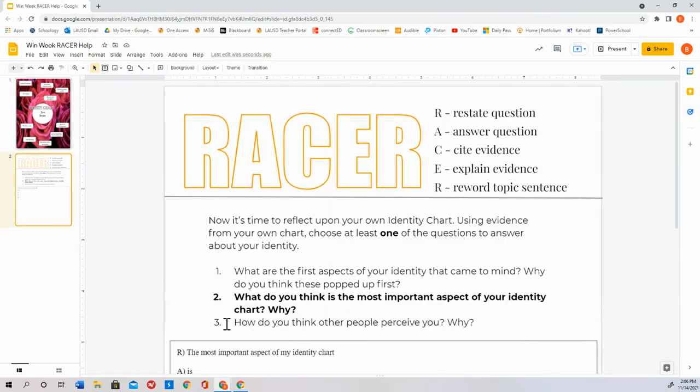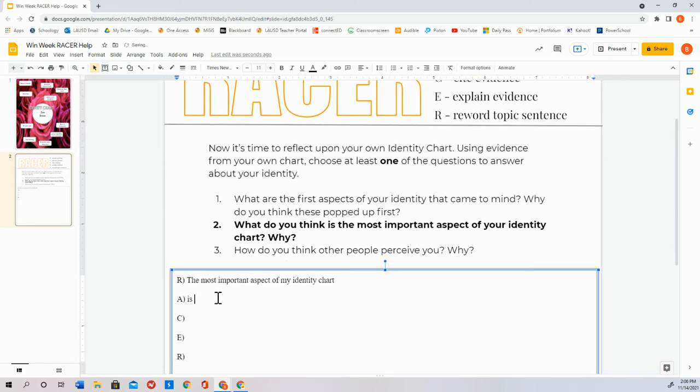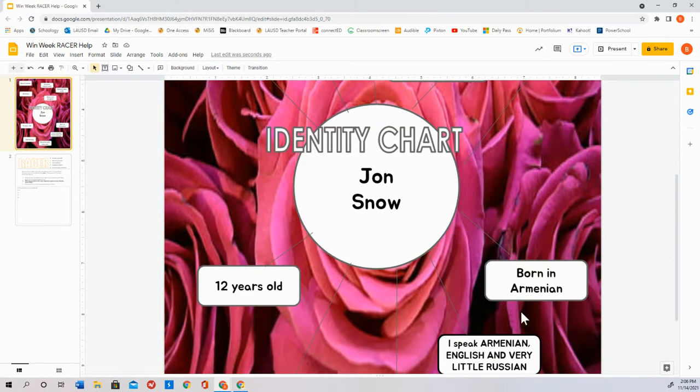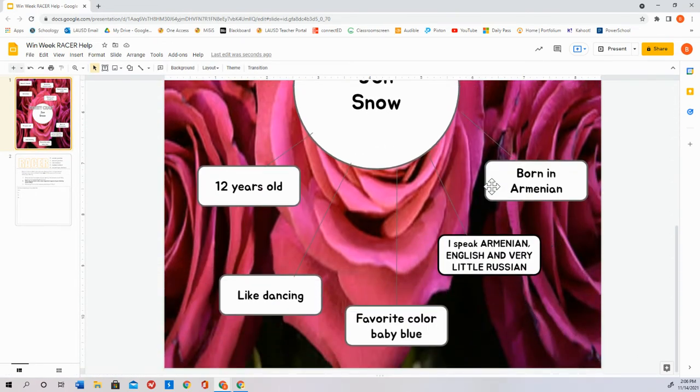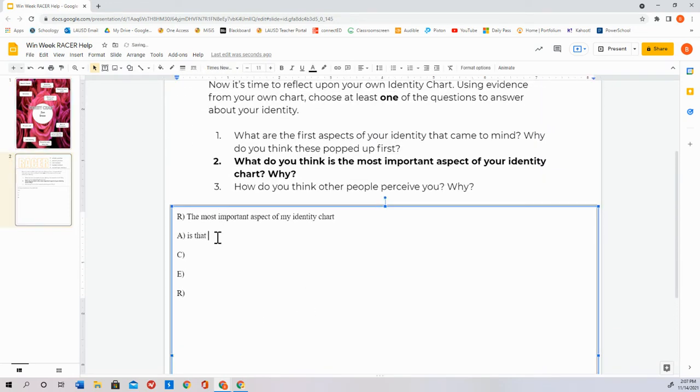So you can just say the most important aspect of my identity chart is, let's just say I'm going to use an example from this student, and let's say born in Armenia. Is that I was born in Armenia. There you go. The most important aspect of my identity chart is that I was born in Armenia. I have restated the question. I have answered the question.